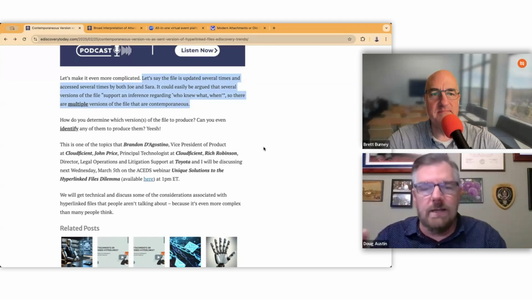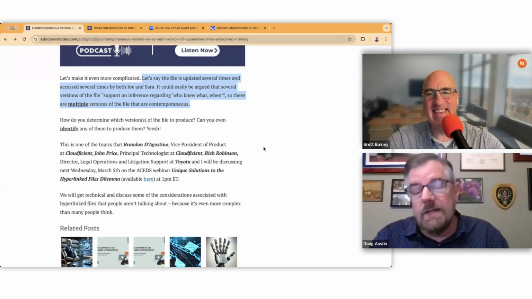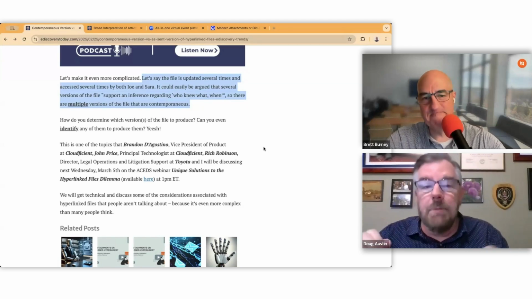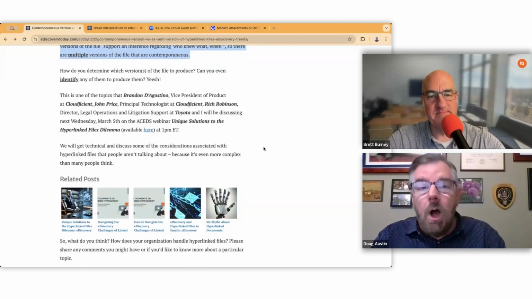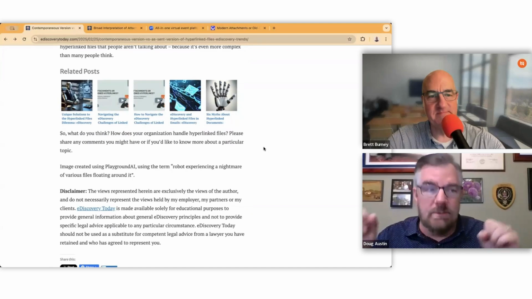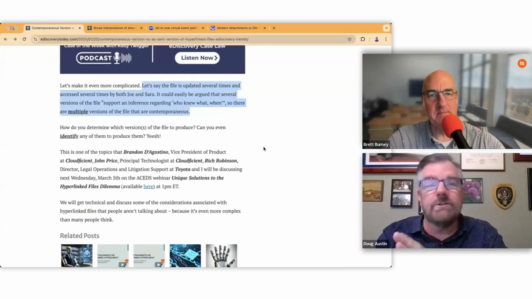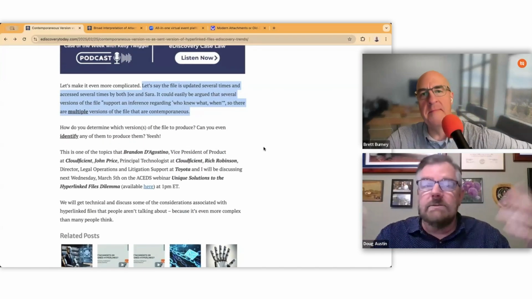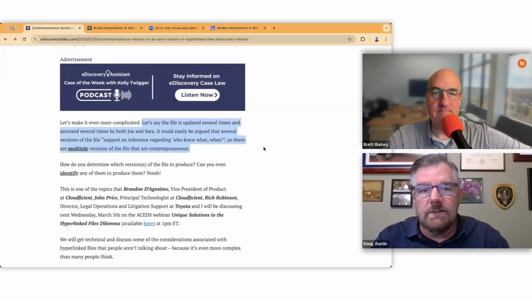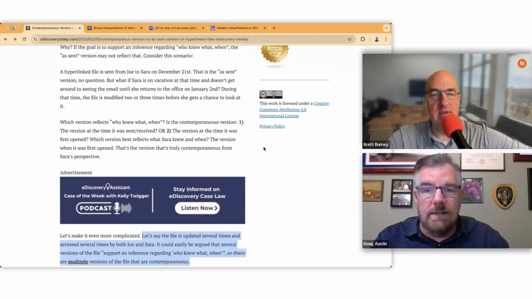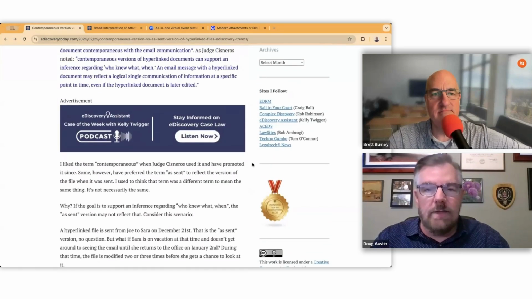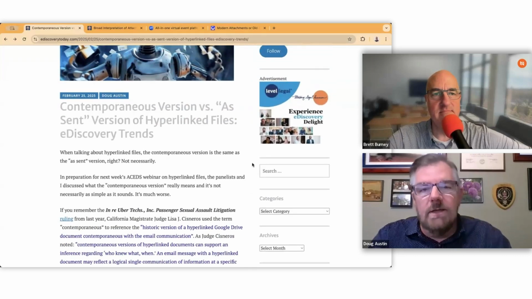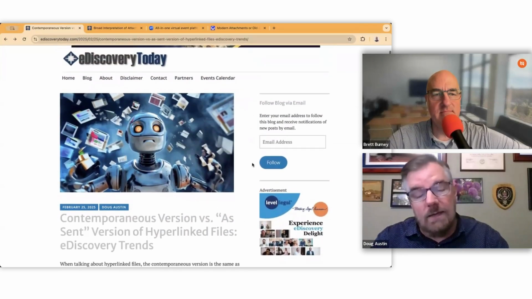A bunch of people, of course, said, well, it comes down to proportionality, and of course it always does. But we still want to be thinking about these things, because hopefully someday there is a solution where we can say, okay, whatever version or versions you want to pull, it's pretty much automated and easy to grab. So that's a new consideration that, in preparing for this webinar, we had discussed, and I thought, well, this is one I should raise and bring to folks and say, hey, something to think about.